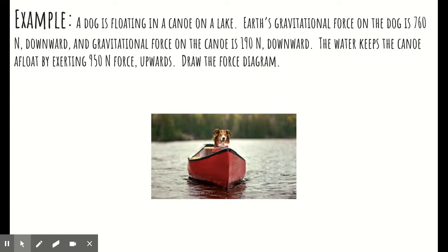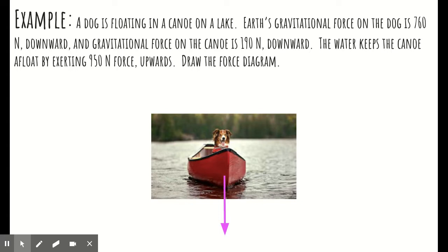So that's why it's not just 9.81. It's going to be the mass with the gravity acting on the mass. So 760 newtons downward. The gravitational force on the canoe is 190 newtons downward. The water keeps the canoe afloat by exerting a 950 newton force upward. Draw the force diagram. For this, we're just going to draw it right onto the dog.